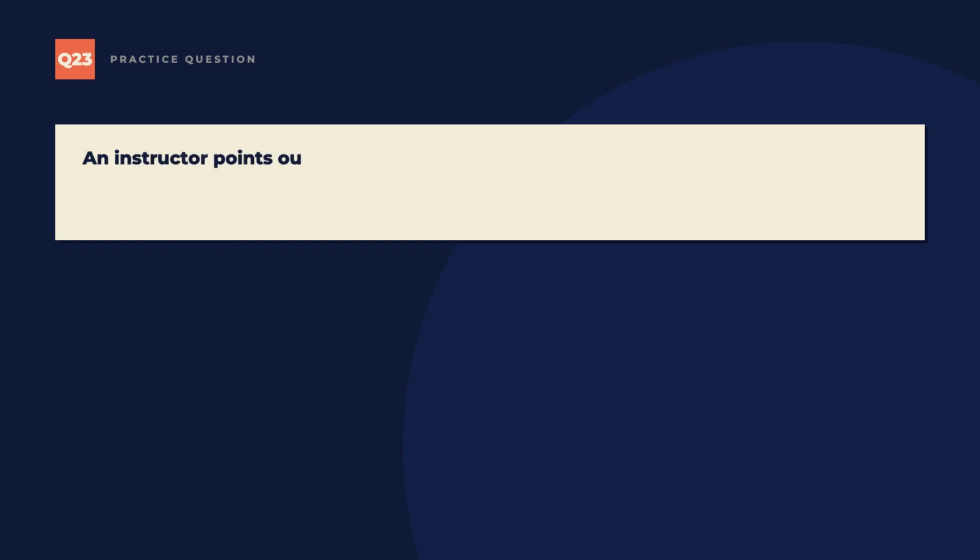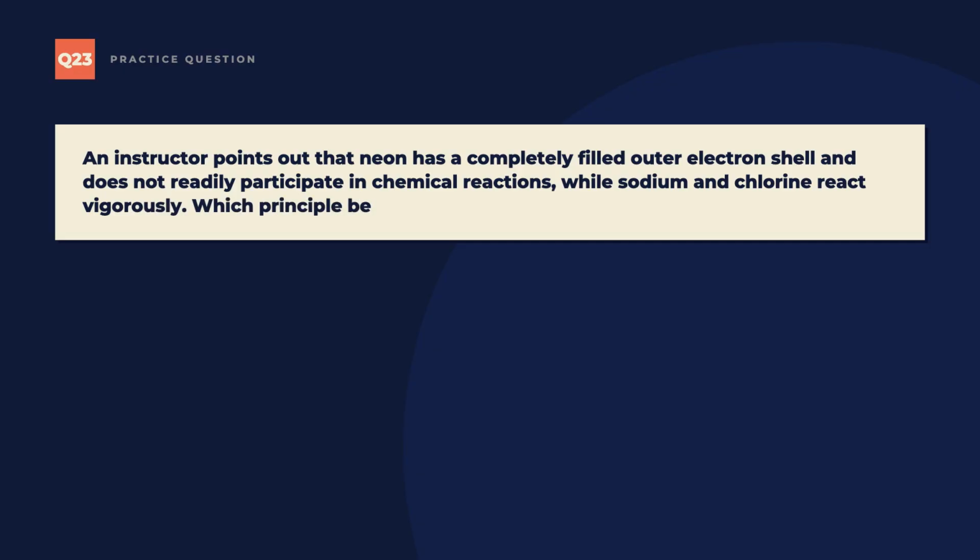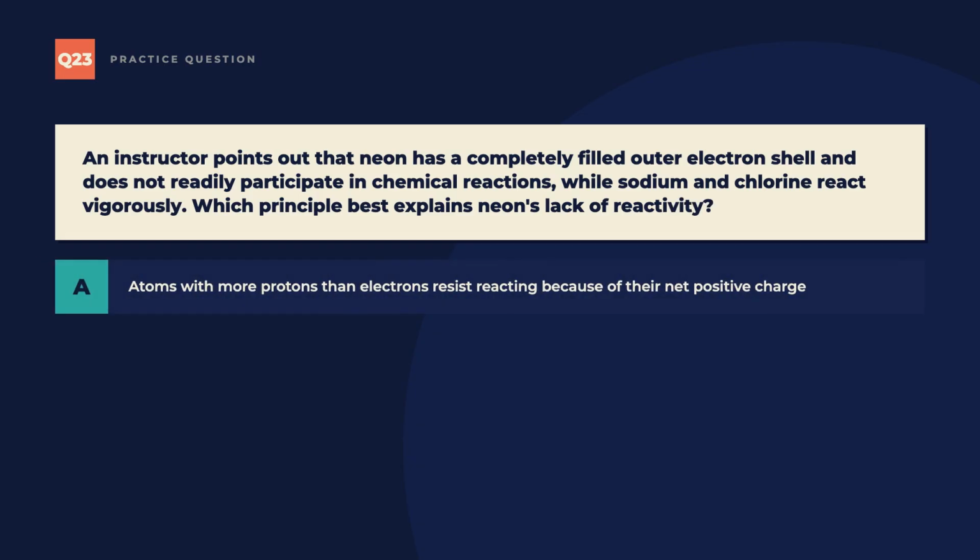Question 23. An instructor points out that neon has a completely filled outer electron shell and does not readily participate in chemical reactions, while sodium and chlorine react vigorously. Which principle best explains neon's lack of reactivity? Your options are: A. Atoms with more protons than electrons resist reacting because of their net positive charge.